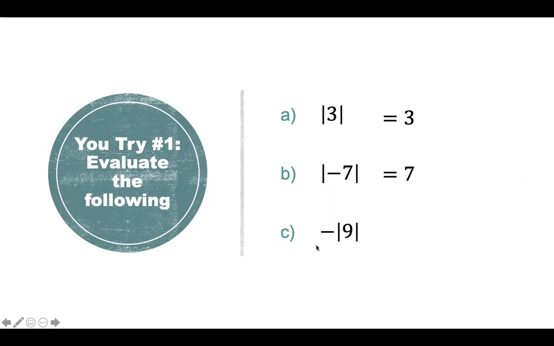Because of that, the negative is not affected by the absolute value. One way you can think of this is that it's really saying -1 times the absolute value of 9, which is -9, because we just do -1 times 9 to get -9. So that's one way you can look at it.